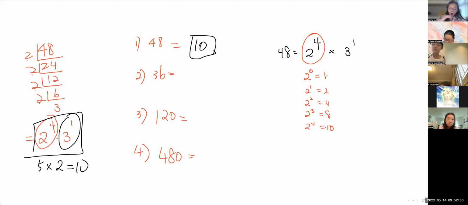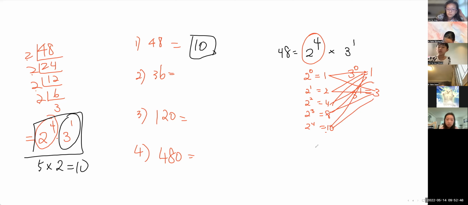So how many numbers are there? 5 numbers. 5 factors will be created. So 3 is 3 to the 0 or 3 to the 1. So how many factors will be created from 3 to the 1? 2. So that's why you see 10, 5 times 2. So that's why it's 10.